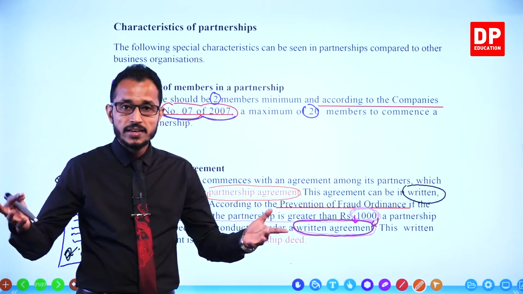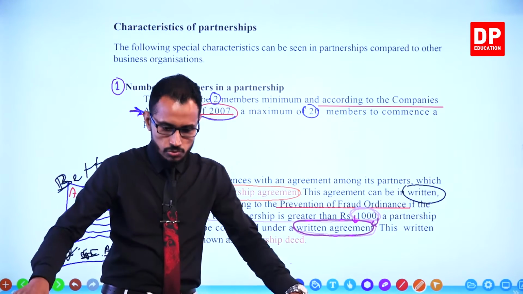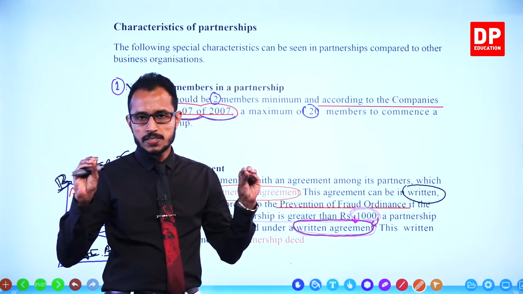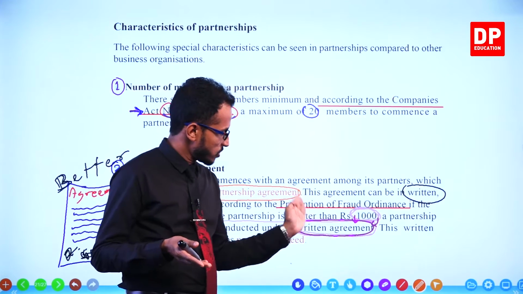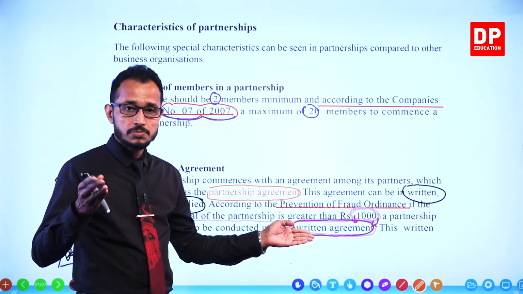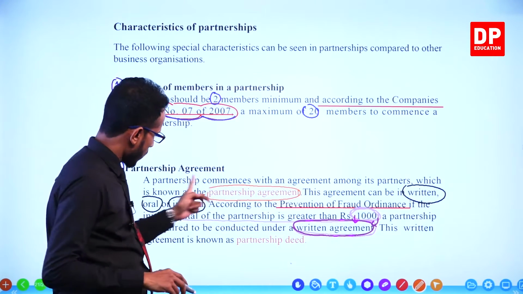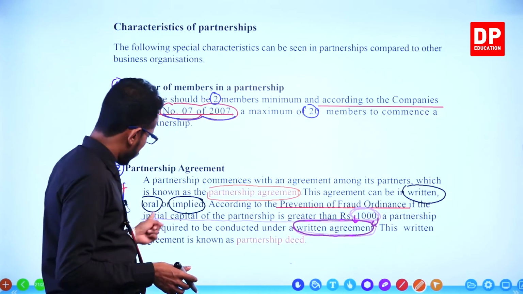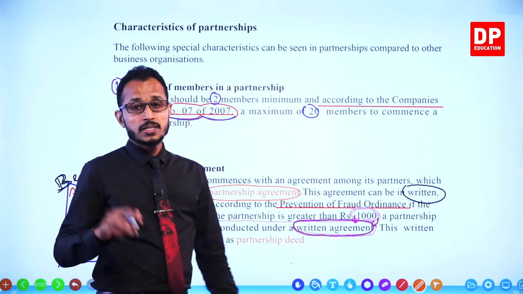Basically, this Prevention of Fraud Ordinance says that every partnership should have a written agreement, but they have put it in this manner: if the capital is 1,000 and above, it must be conducted under a written agreement.